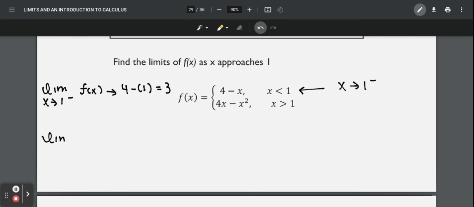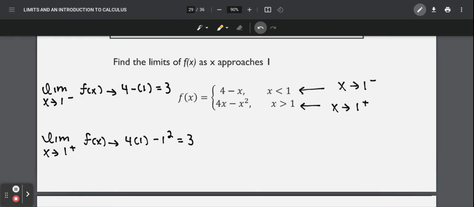And then if we wanted to find the right-hand limit, so x is approaching 1 from the right, then that means that we have to use the values when x is greater than 1, right? Those are the values that are more. So for that one, we would do 4 times 1 minus 1 squared, which would also give us 3.